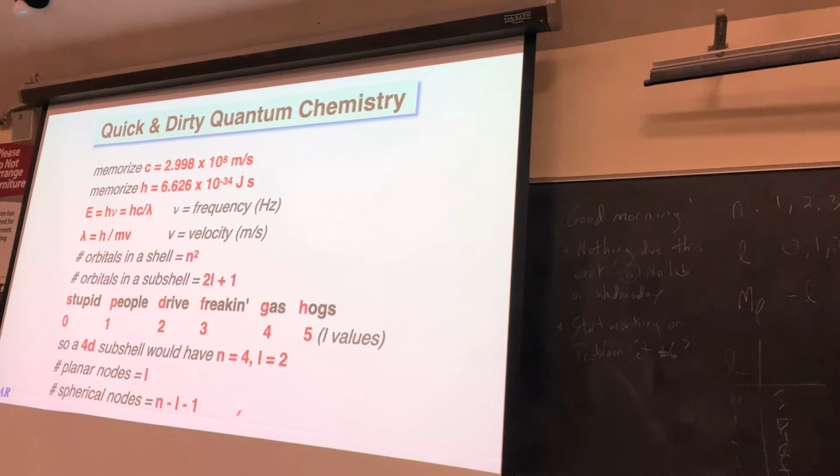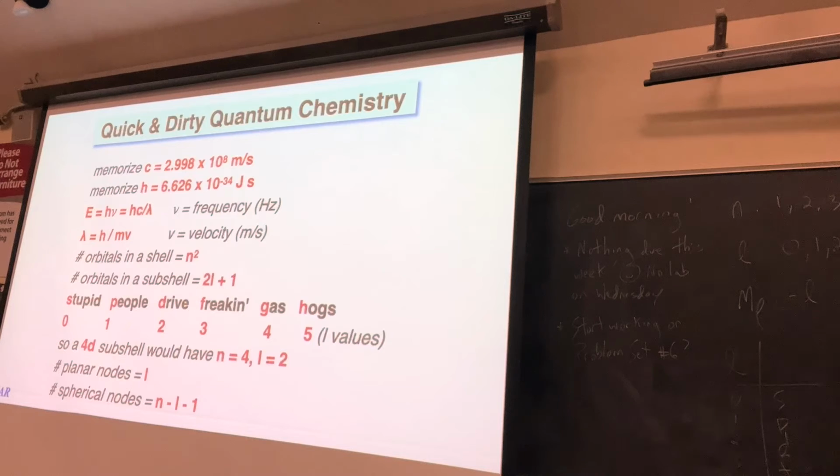And then finally, last week, Monday, we talked about nodes, which are areas where there's no electron density. And when you start making molecules, they have to stick together. They have to have electron density on them. So there are planar nodes, which are basically planes of glass that go through the orbitals, and there's no electron density there.